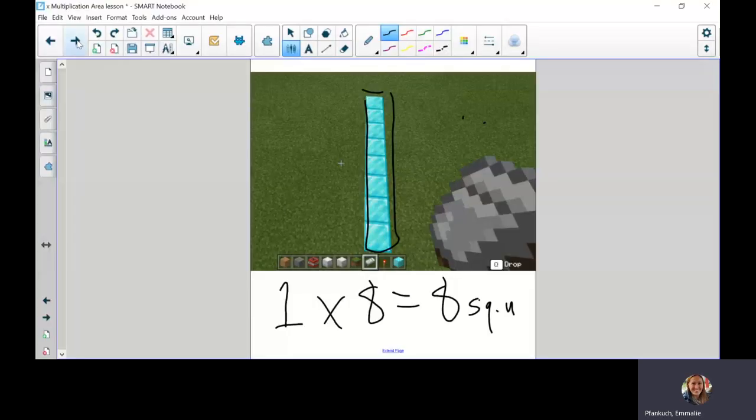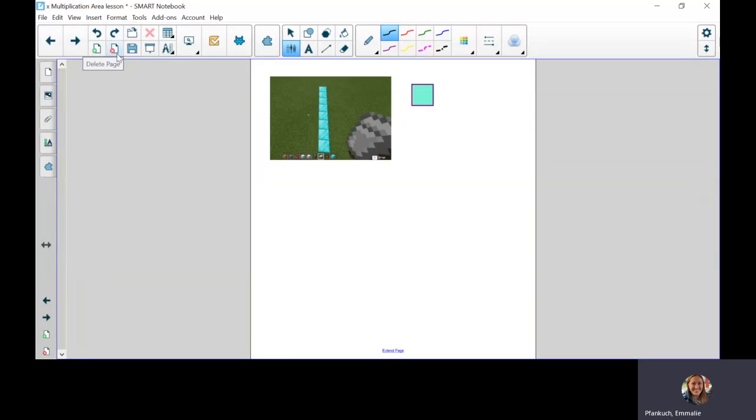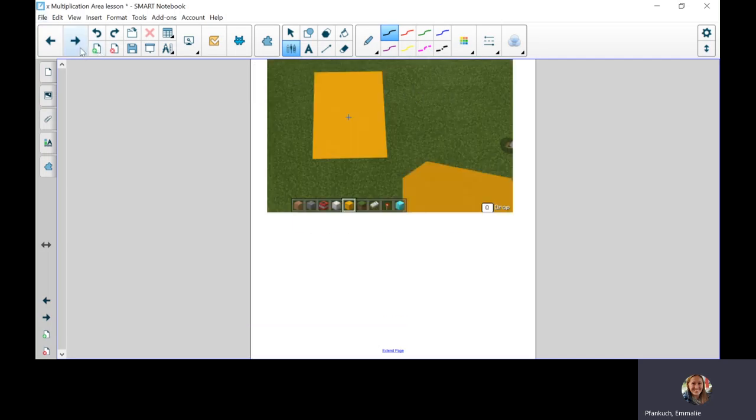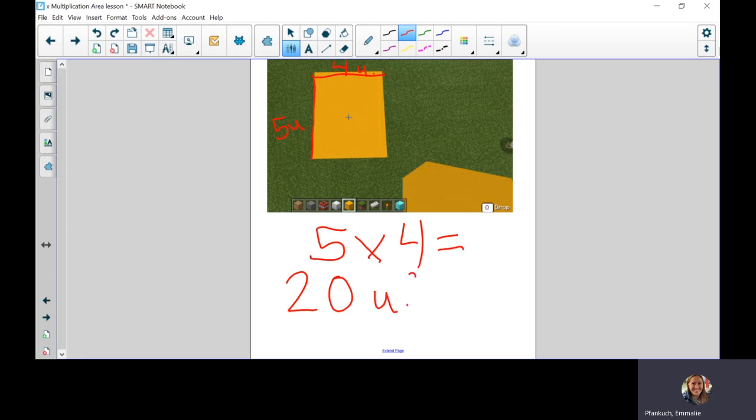So looking at my floor here, I knew that I counted this up and I saw that this was 5 units long and it was 4 units wide. So in order to find that, I know that I could do 5 times 4, and my area for this yellow floor is 20 square units.